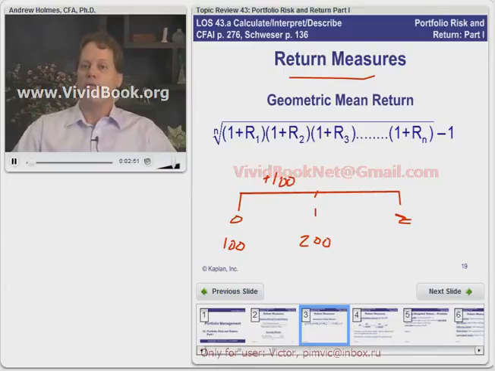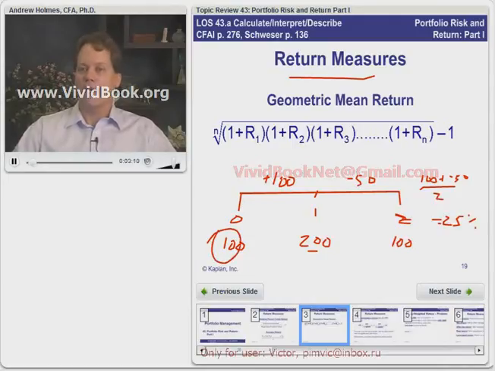And then if you go from $200 back down to $100, you had a minus 50% return in this period. If you calculate the arithmetic average, you take 100 plus a negative 50 and divide by 2, and what you get is 25%. So do you feel like if you started with 100 and end with 100 that you were earning an average of 25% per year? Well, no, you don't, right?